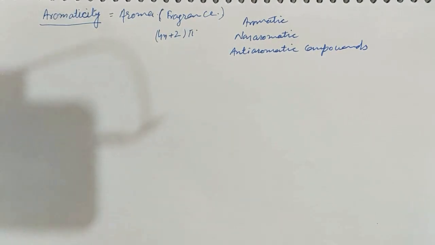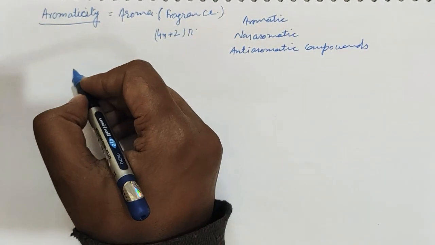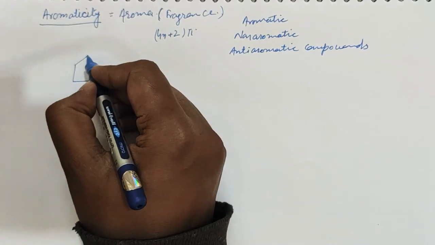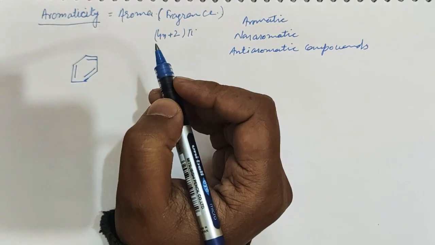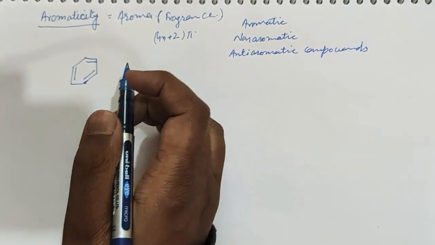So what is the aromatic character? Benzene, a representative of the class, for example, possesses the following unique aromatic character. If we study benzene, that is the compound C6H6, it is a very common organic compound. It is the base of almost all organic compounds.